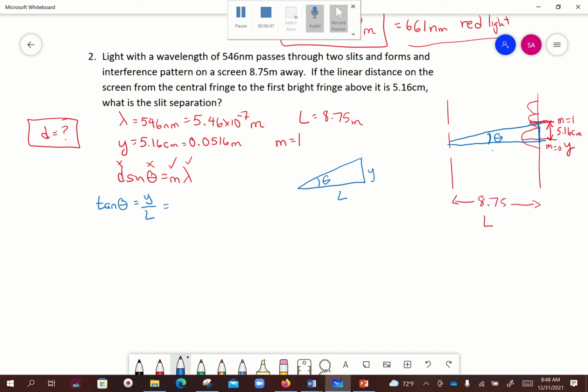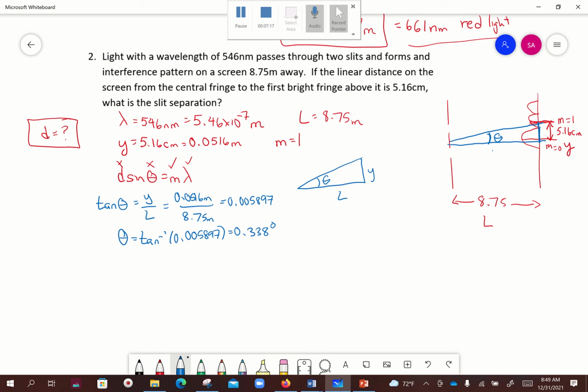So y is 0.0516 meters, L is 8.75 meters, so tan theta is 0.005897, and theta is the inverse tan of 0.005897, which is 0.338 degrees.